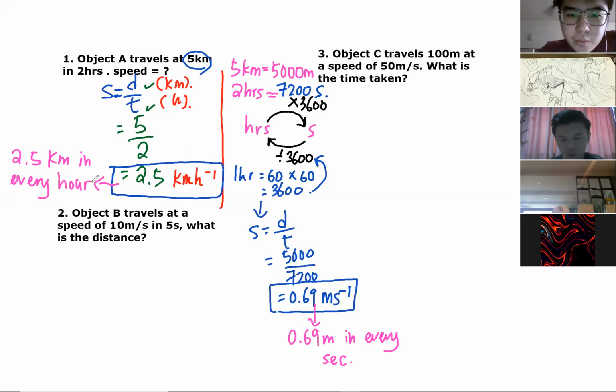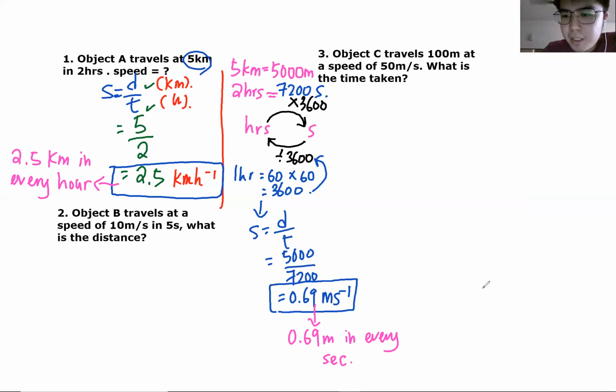Why do we have the minus 1? Let's say the unit is meter per second. There are three ways to write it: m/s, m divided by s, or ms^-1.